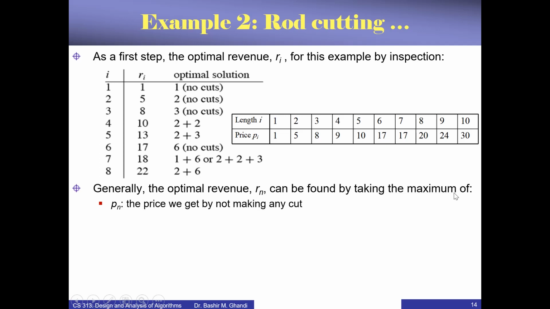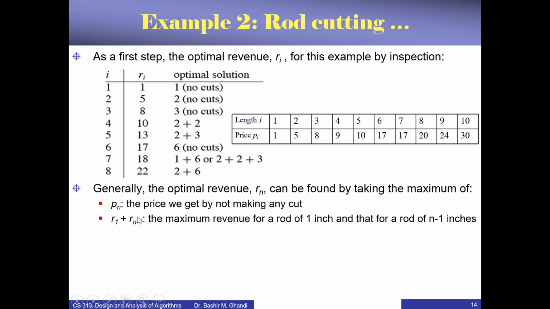These are Pn, the price for length n, which means without making any cut, or R1 plus Rn minus 1. This means cutting at length 1, so we're going to get the price for that plus the rest.